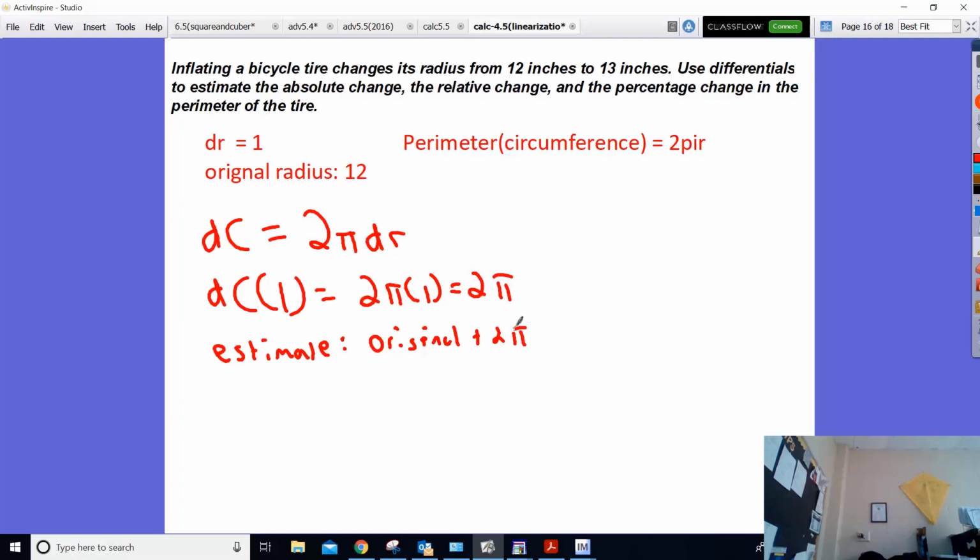Now, the original circumference of that tire is 2 pi times what? 2 pi times 12 plus 2 pi. We estimate that it's 26 pi inches around the tire. That's an estimate.